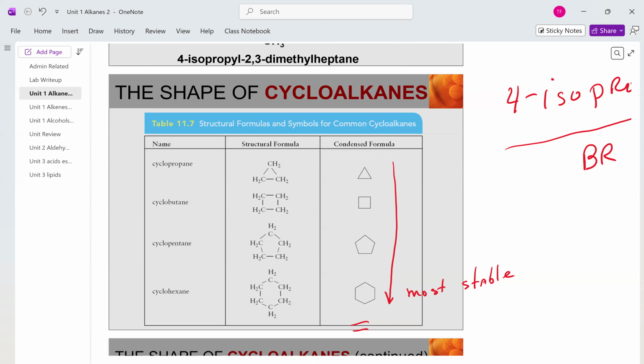So this bond angle is 105.5 degrees. Now, if you remember from 305, we talked about VSEPR, which has to do with the 3-dimensional structure of the molecules. Tetrahedral is the most stable, and 105.5 is a three-dimensional bond angle on a tetrahedral structure.